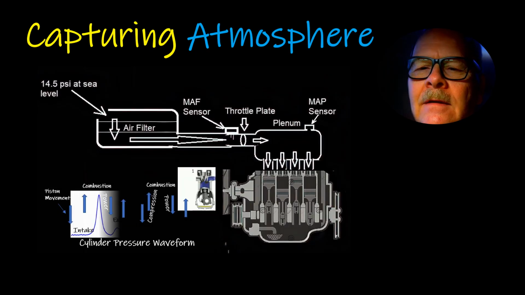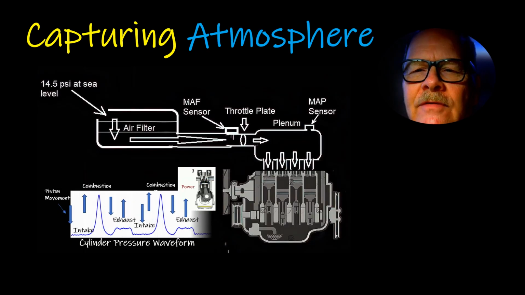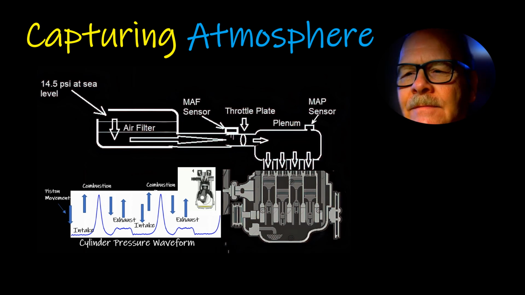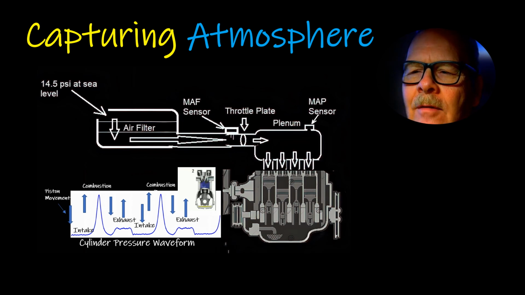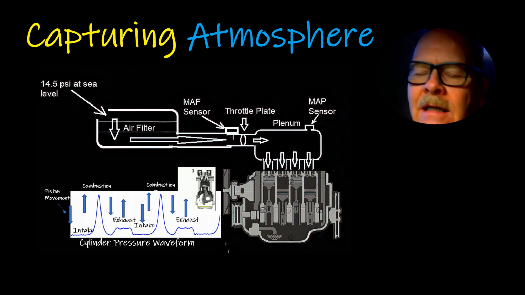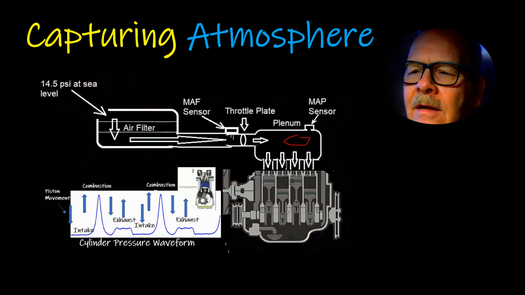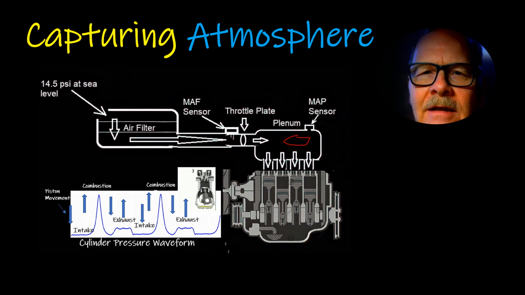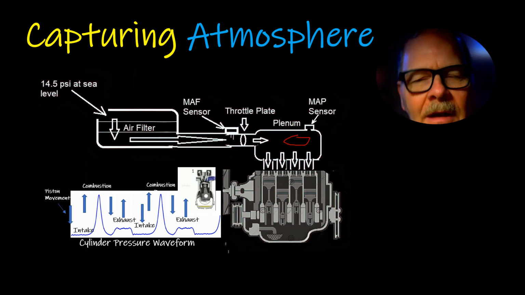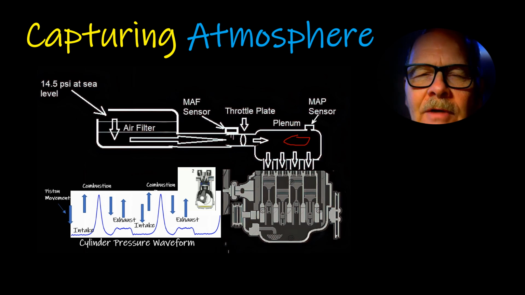Now, capturing this atmosphere, you're going to pull it through an air filter, and you're going to go past the throttle plate. You've got vacuum in the intake in this area right in here, because the cylinders are constantly creating low pressure, and if you restrict that low pressure, you wind up with vacuum here.